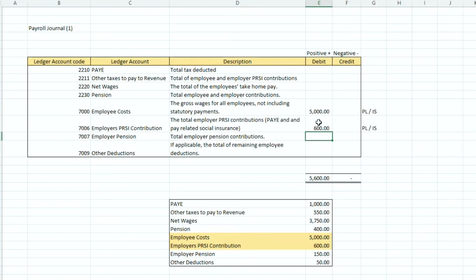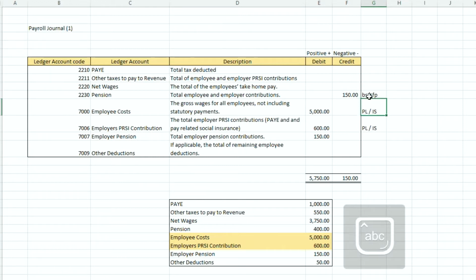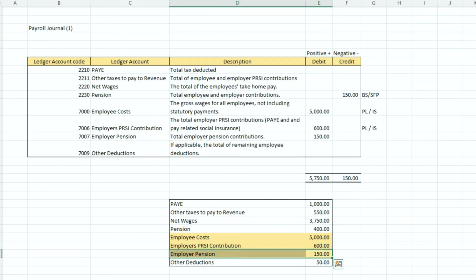So what we're going to do is debit here with £150 and we're going to credit pension in the balance sheet or statement of financial position. So that's all those three there.